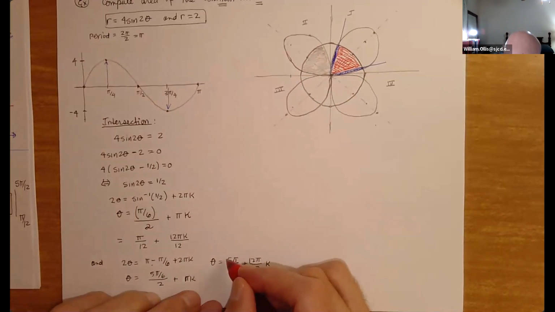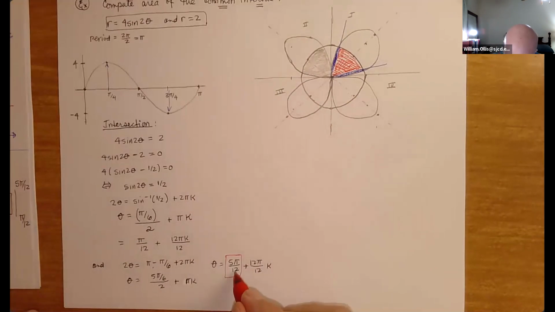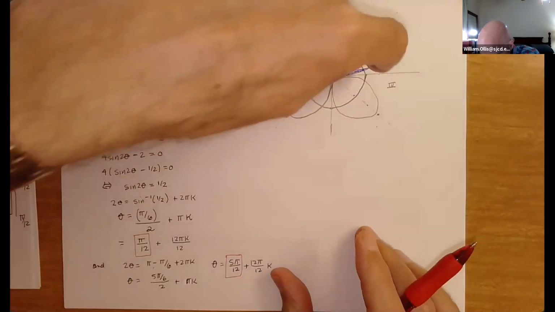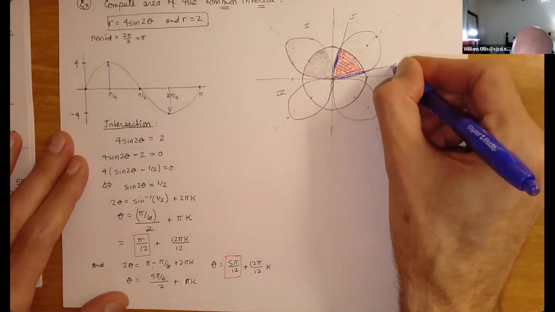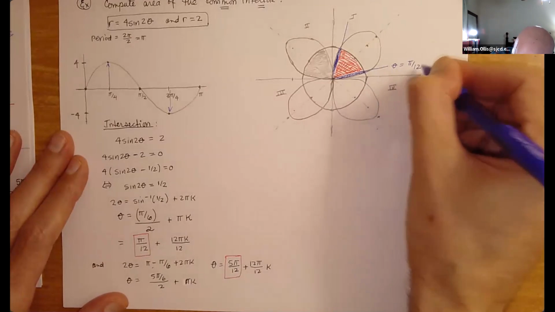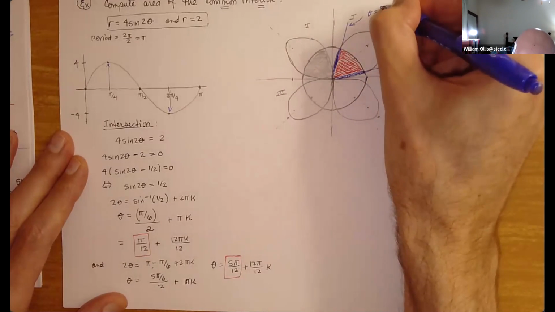But what we're seeing is we got this guy right here, which is that point right there. Again, this is less than pi over 2. And this guy right here, which is this point right here. So now we can go up here, and then of course we can use symmetry because we're lazy. So we have theta equals pi over 12, and theta equals 5 pi over 12.